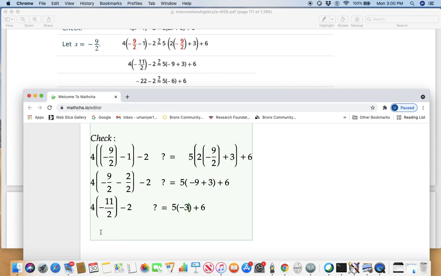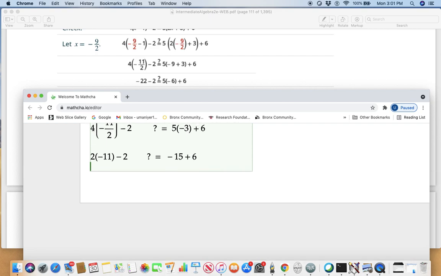This 2 reduces this 4. I'm left with 2 times negative 11 minus 2. Question is it equal to negative 15 plus 6? Okay. Negative 22 minus 2.